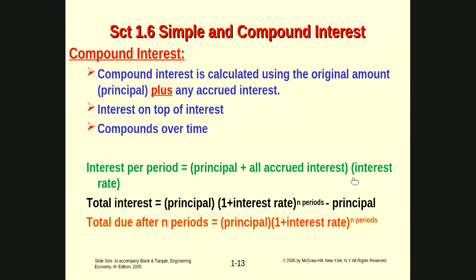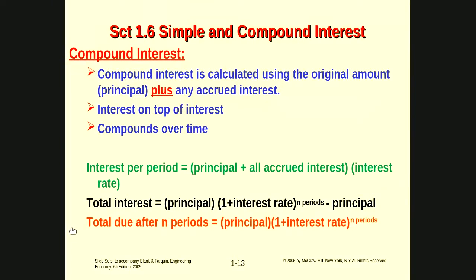Okay, the formulation for the compound: the interest per period, is the principal plus all accrued interest, multiplied with the interest rate. The principal is the original, all accrued interest means all the accumulated interest, multiplied with the interest rate. Total interest is the principal multiplied with 1 plus the interest rate to the power n periods, which is the number of years or number of months, minus the principal.